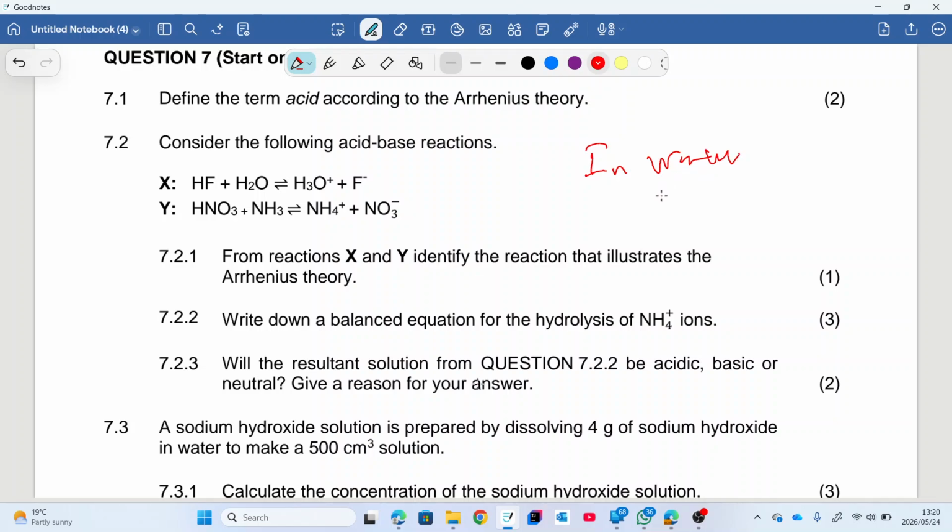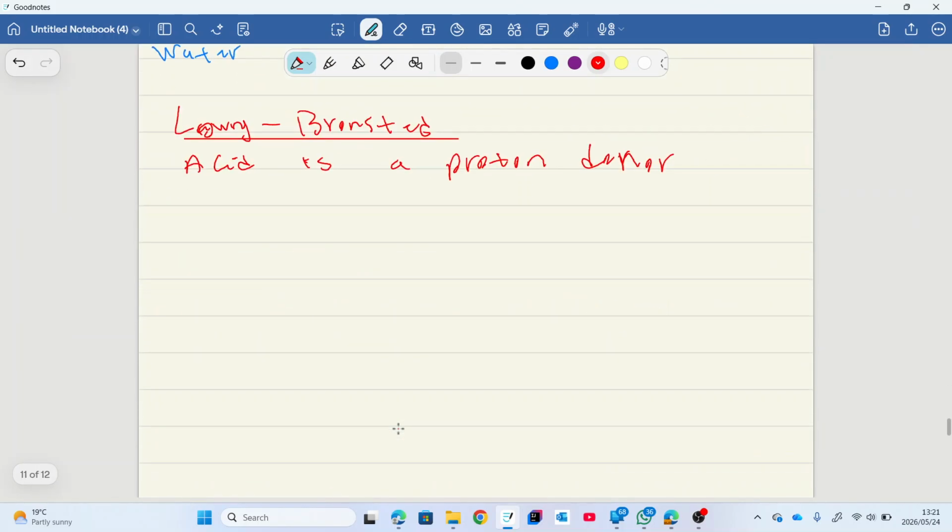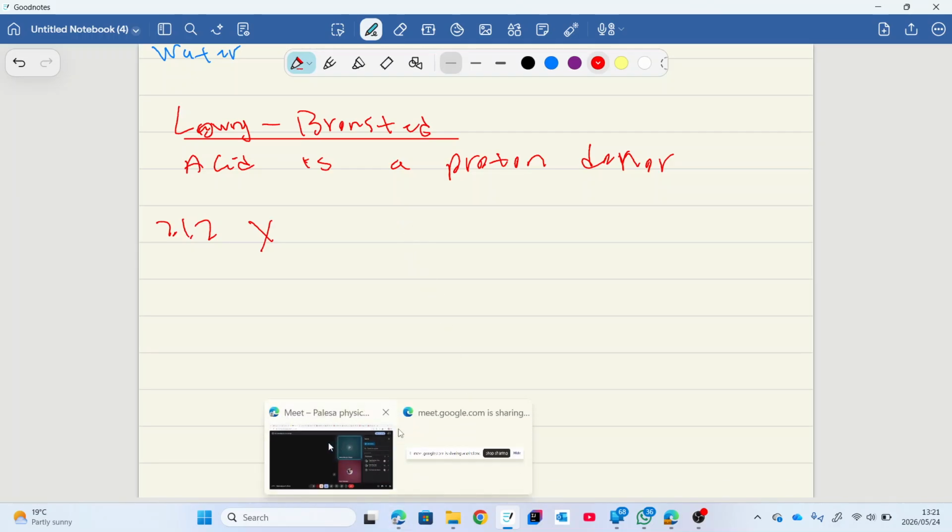Which one of the two have water molecules is reaction X. So because of that, we are going to answer with respect to X. So the answer will be reaction X.